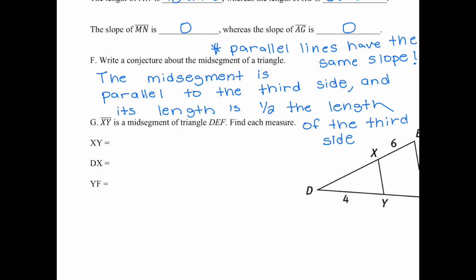So a midsegment of a triangle is parallel to the third side of the triangle, and its length is half the length of the third side.